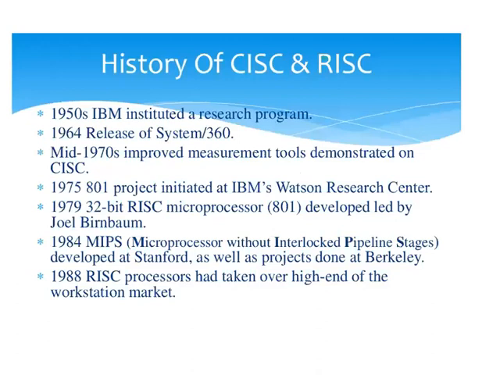First, we are talking about the CISC and RISC history. In the 1950s, IBM initiated a research program for a new architecture. In 1964, it released System 360, using a reduced instruction set only.